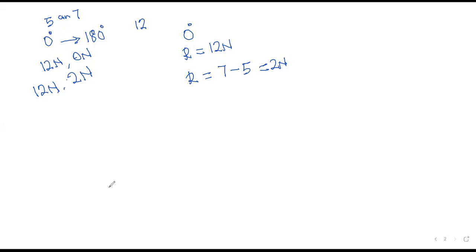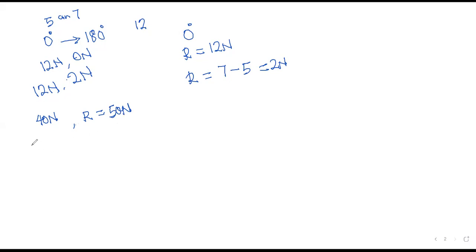54. Two concurrent forces act at right angles to each other. If one of the forces is 40 Newton and their resultant is 50, the magnitude of the other force must be what?